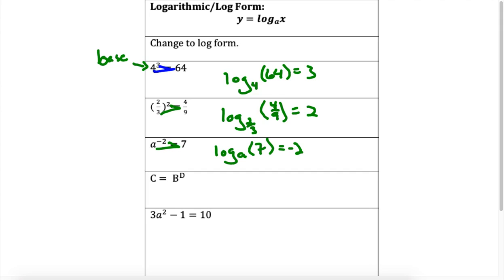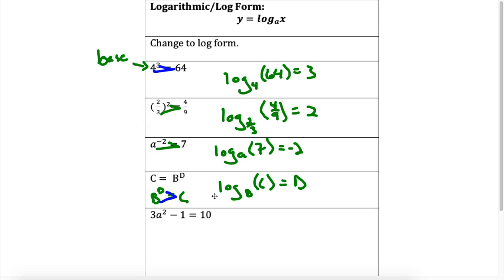I actually wanted to point this out here, that in order to think about this lazy 7 idea, we would need the exponential portion on the left side to make it look like this lazy 7. So this would be log base capital B of C equals D.